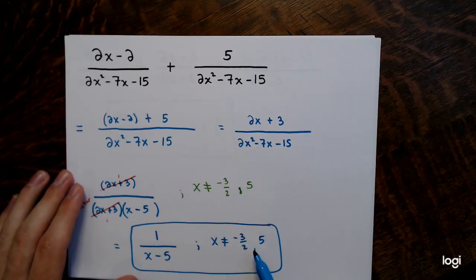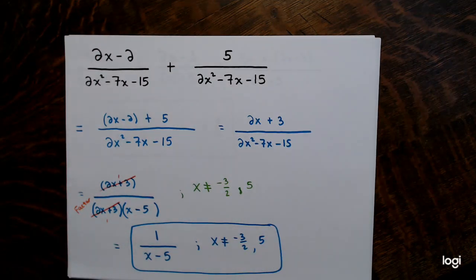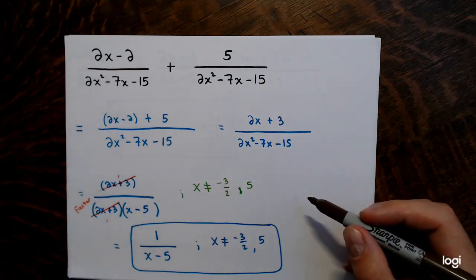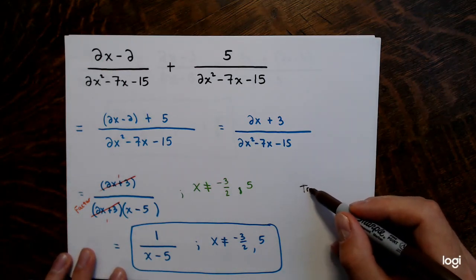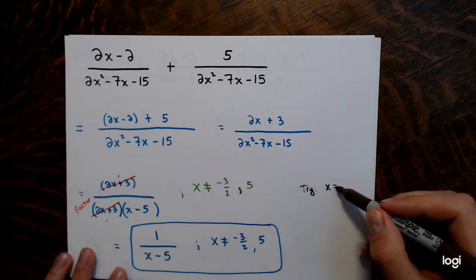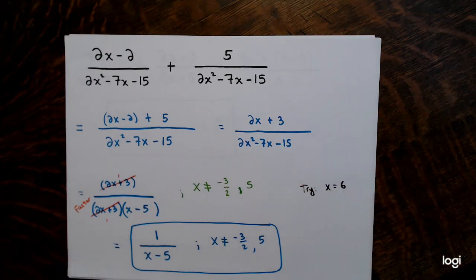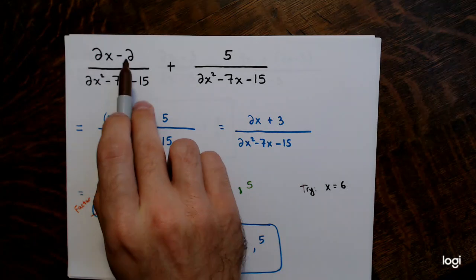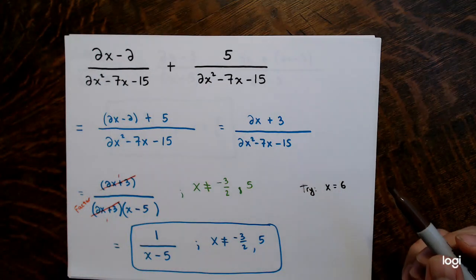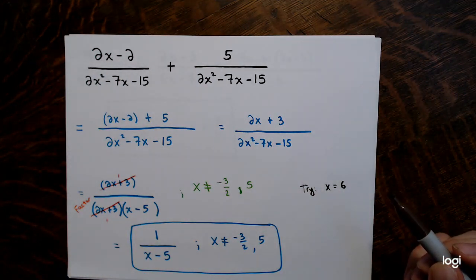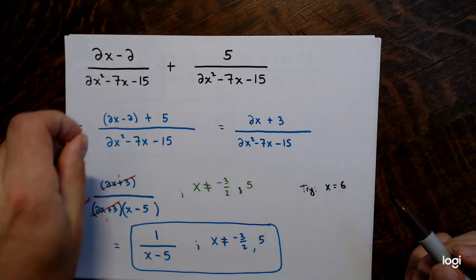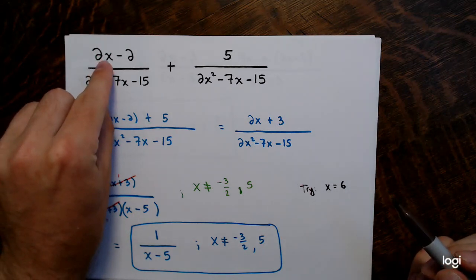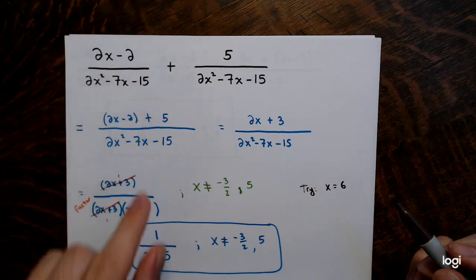I'm going to actually do one real quick here. Let's try x equals 6. Okay. Yeah, if x equals 6, then let's plug it in up here and here and see what we get. Alright, now bear with me here. The first fraction, 2 times 6 is 12, minus 2 is 10, right?